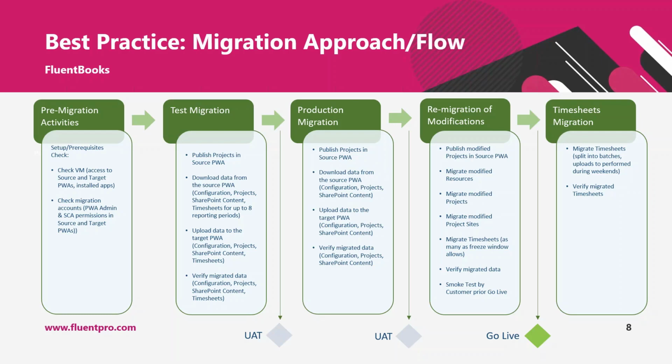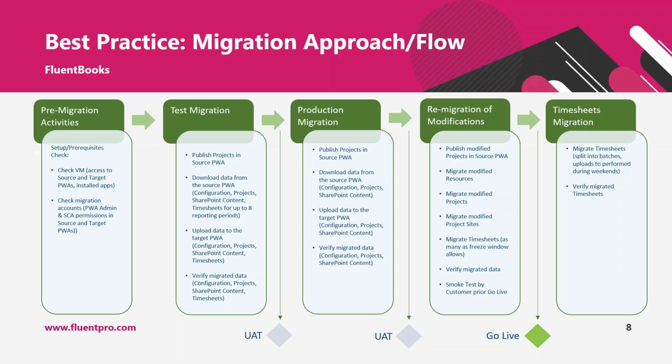activities, like sub-activities. First one is publish projects in the source PWA. Only those projects that are going to be migrated, they need to be published. We recommend doing this publish in the source system prior to downloading data, because first of all, it helps to improve data integrity of the migrated projects.